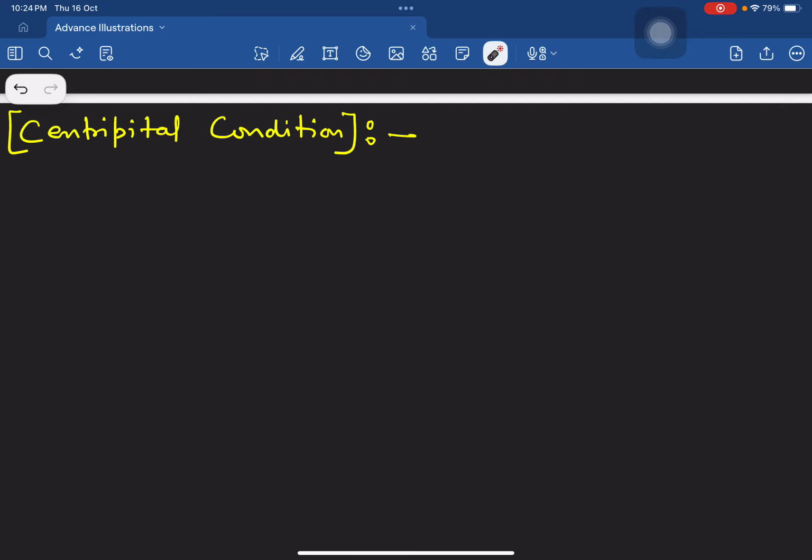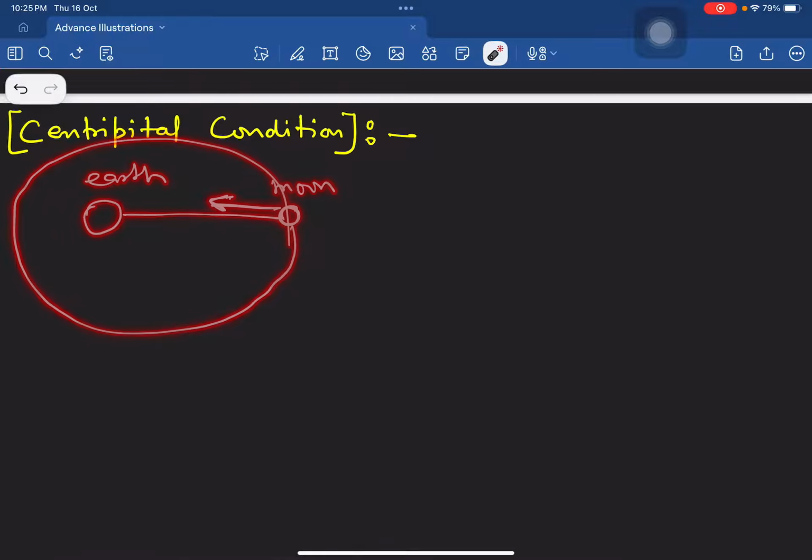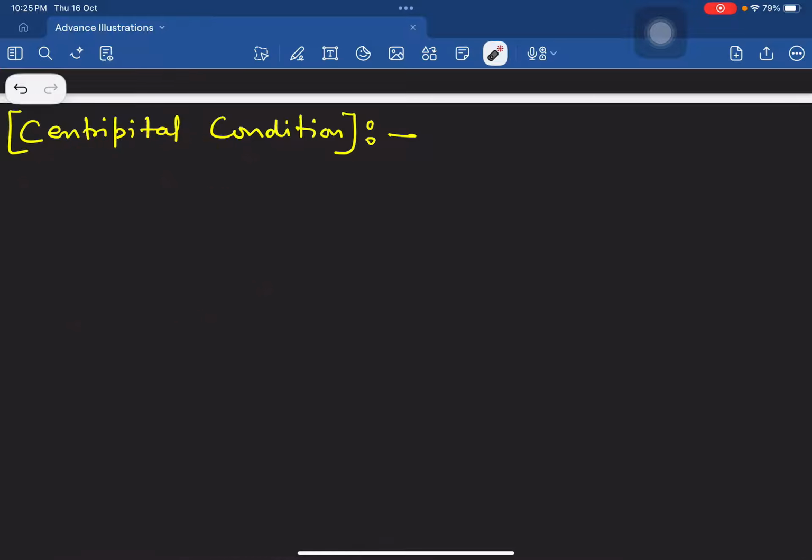So people started asking, let's say this is the moon and this is the earth, why is the moon not coming towards the earth, why is it doing circular motion? This was a very common doubt that anybody who is a good observer could ask.